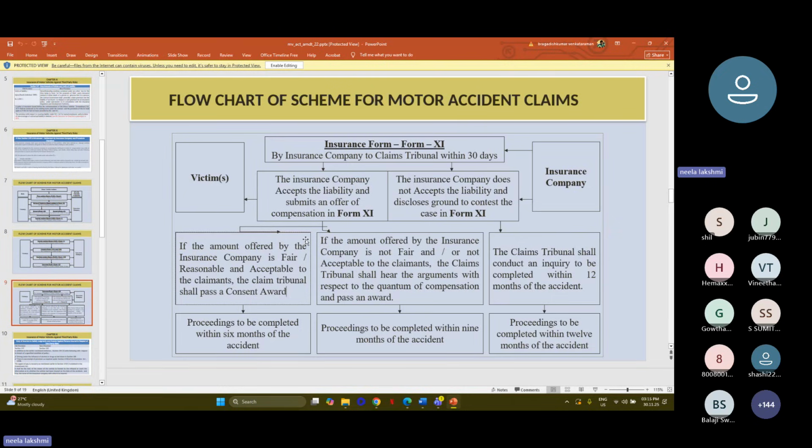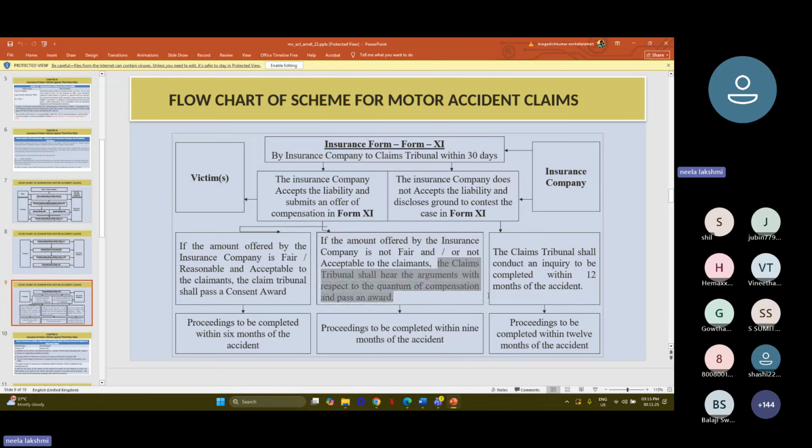Next, the company accepts its liability, but there is a dispute in the amount awarded. In the first situation, the amount offered by the company was agreeable to the claimants, so it was easy for the tribunal to pass a consent award. In the second situation, the company offers an amount which is not acceptable to the claimants. In this situation, what would happen?